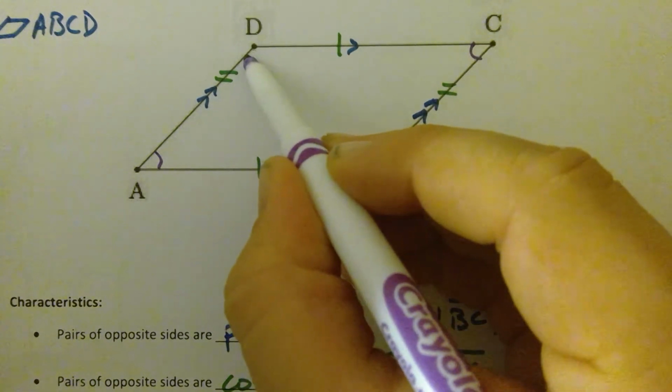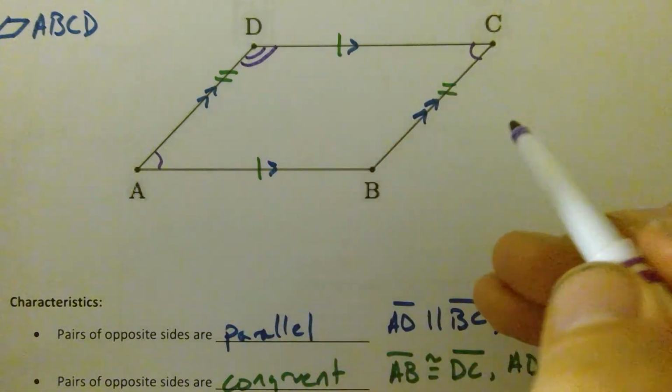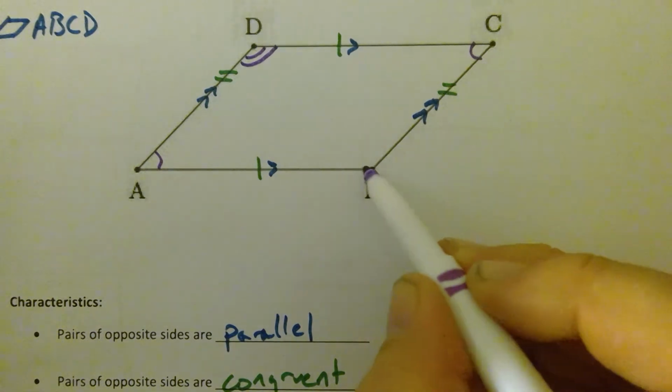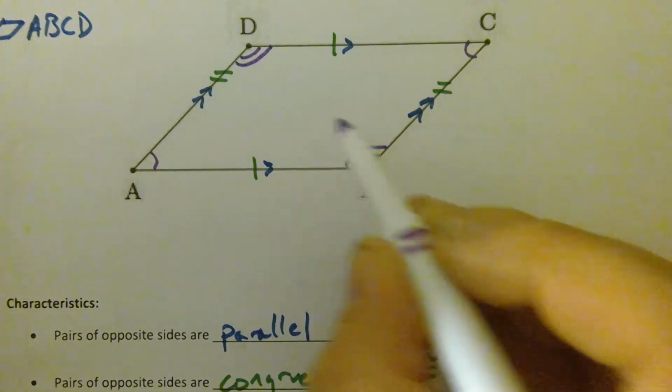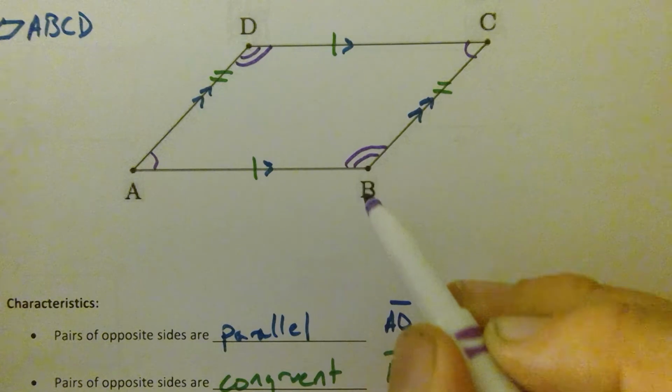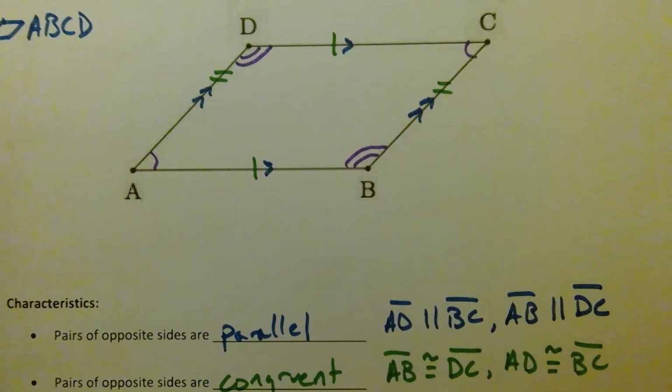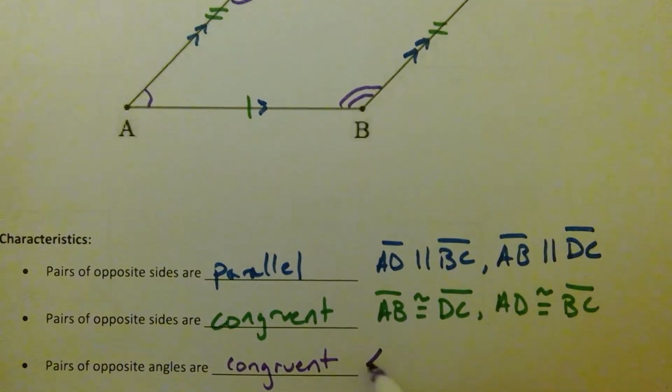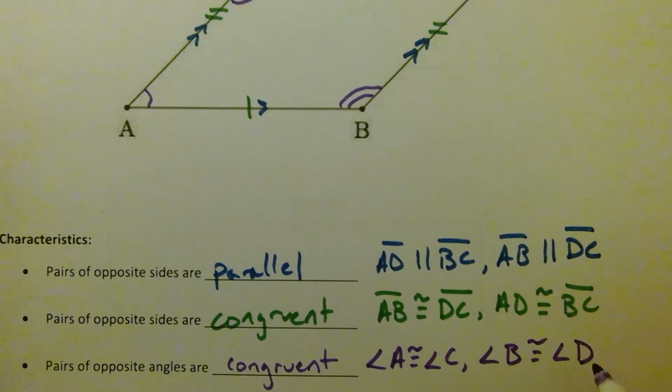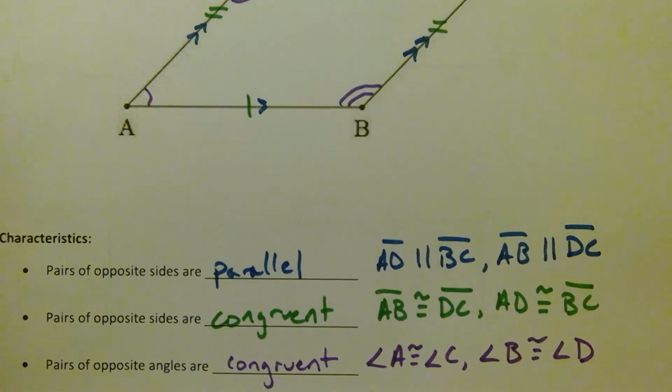And then angle D, I use different markings to show that it's a different angle, and angle B are congruent because they're across from each other as well. Okay? So, let's see, we've got angle A is congruent to angle C, and angle B is congruent to angle D. Okay?